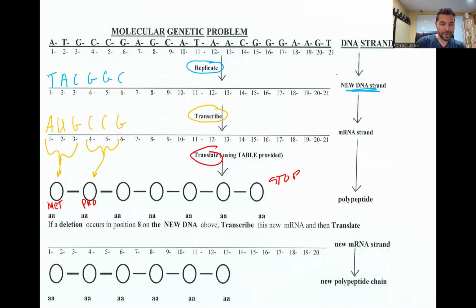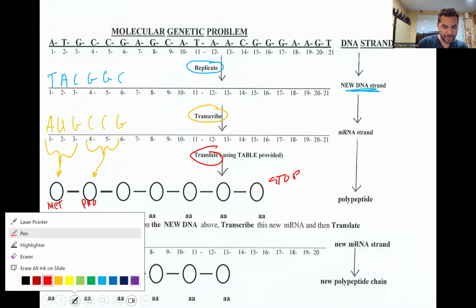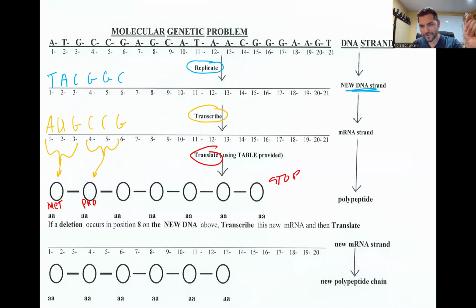So this one here is talking about a mutation. I'll discuss it, but you don't have to stress too much about it. Things can happen. In this case, a deletion mutation. Right? So this would be in position 8 of the new DNA strand, and we know that because it says it right there.